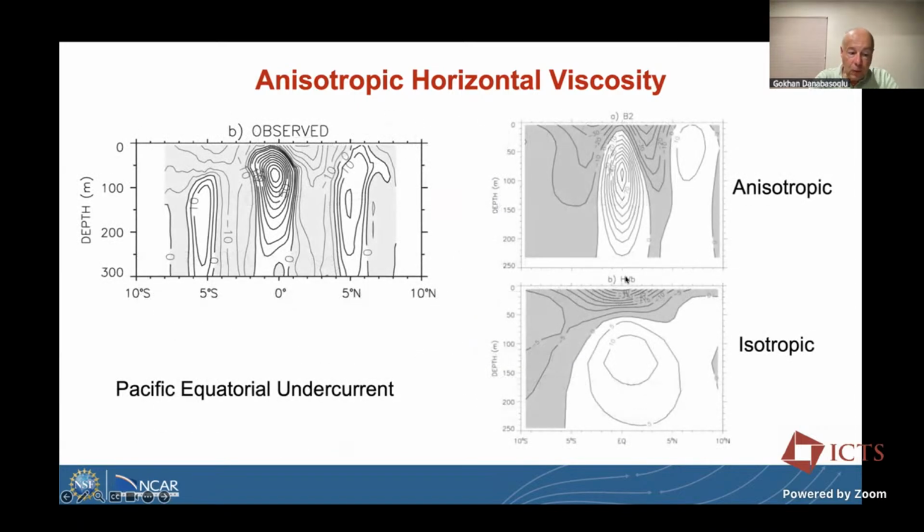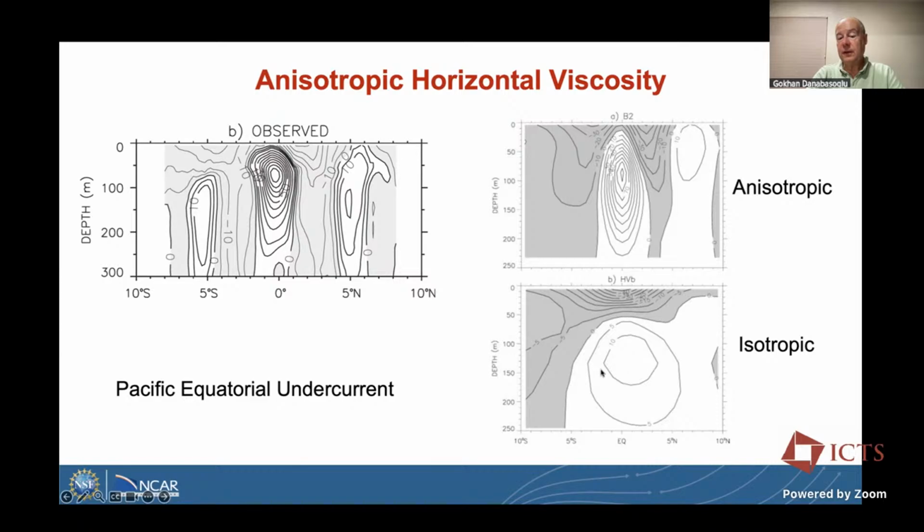So what is the end result? As I was showing for the equatorial undercurrents, for those of you who are familiar with ocean modeling, this is showing a Pacific equatorial undercurrent structure. This is, I believe, at 140 degrees west. This is from observations. This is upper ocean, 300 meters, 10 south to 10 north. So you can see that we have a complicated undercurrent structure. If you do not use small viscosities near the equator, you end up with this kind of structure here.